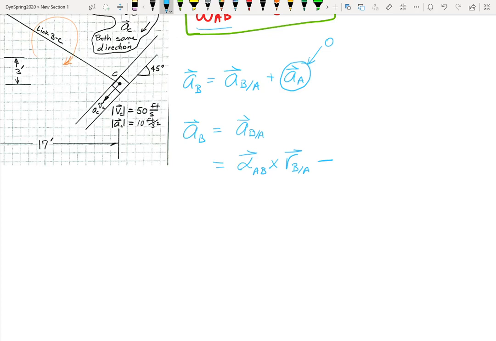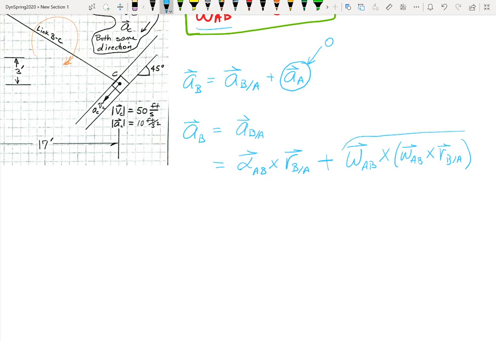I'll list it one way as a vector omega AB crossed with omega AB cross R B to A. Now as it turns out in the book, that's a plus.